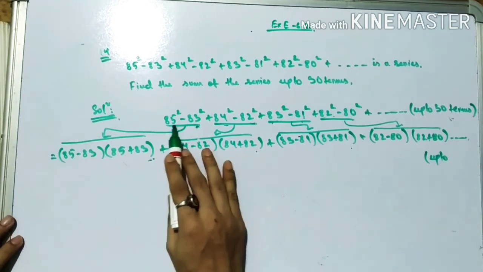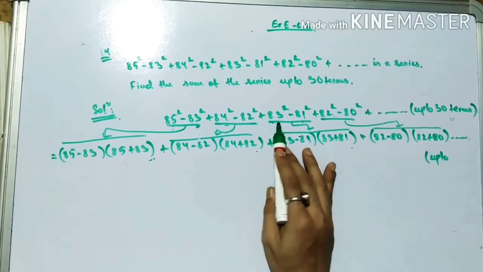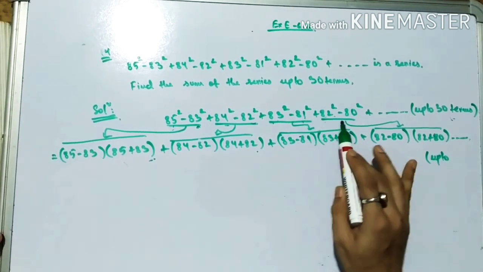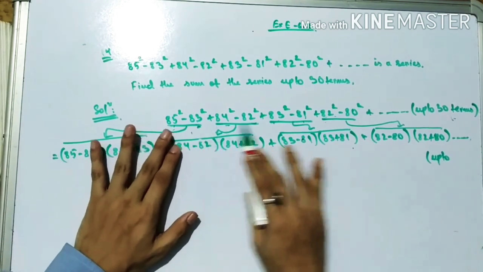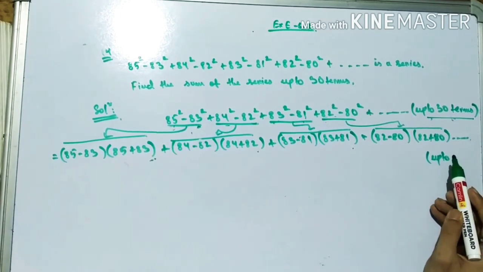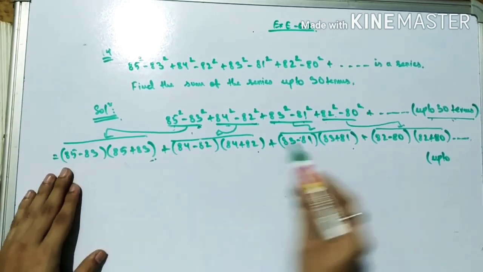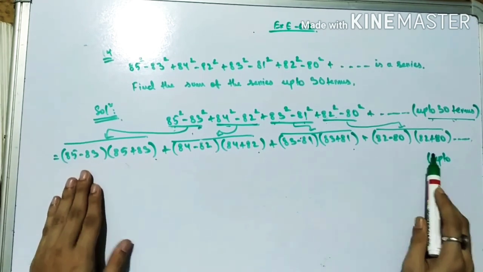If I solve this, 85 square minus 83 square plus 84 square minus 82 square plus 83 square minus 81 square plus 82 square minus 80 square, if I add up to 30 terms, whatever answer I get, that answer will be the same if I add this up to which term?